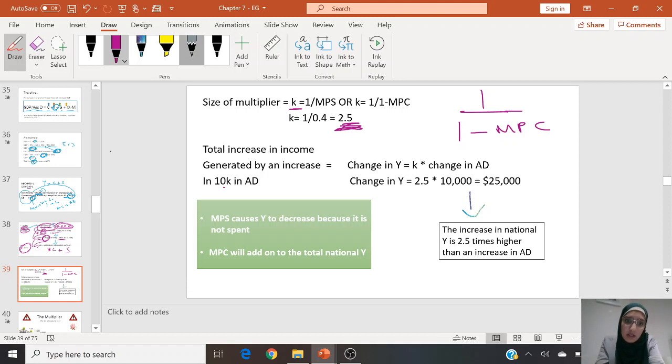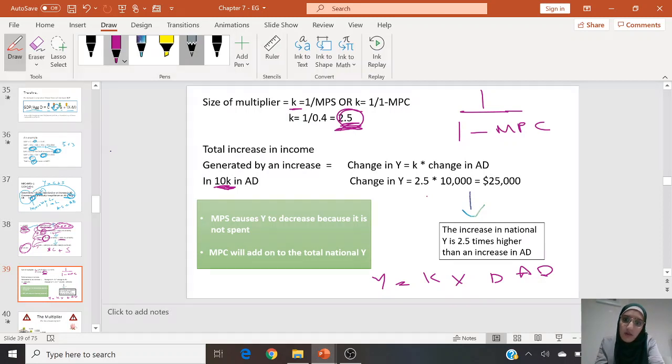So the total increase in income generated by an increase of 10,000 dollars in aggregate demand equals, again, this is a formula, please write this down: Y, which is income, equals K times the change in aggregate demand. K stands for the multiplier, which is 2.5 here. The change in aggregate demand, whether an increase or decrease, is 10,000.